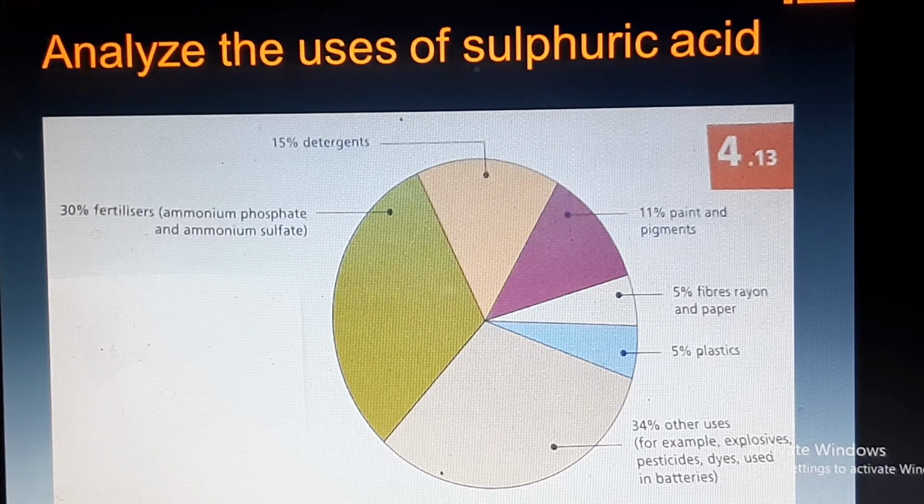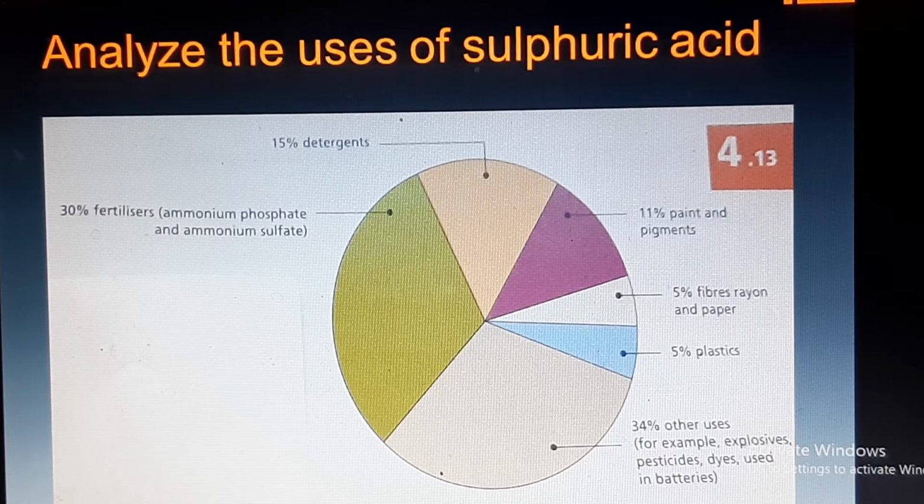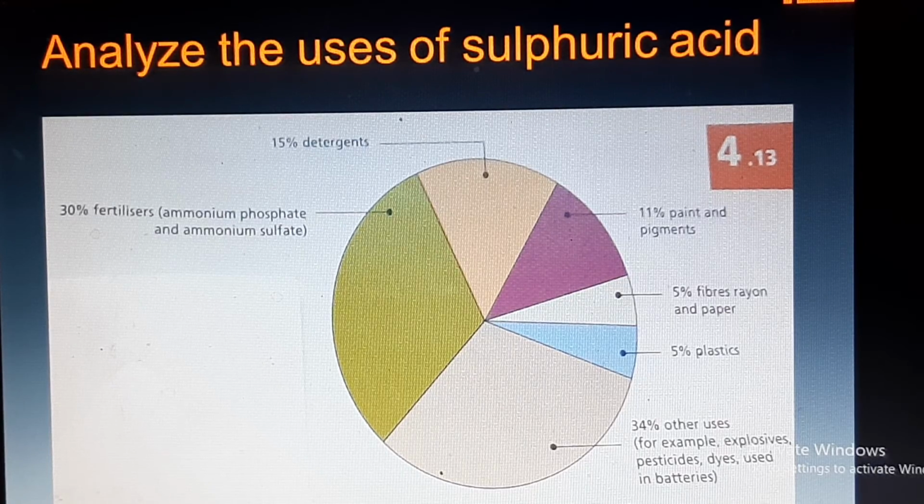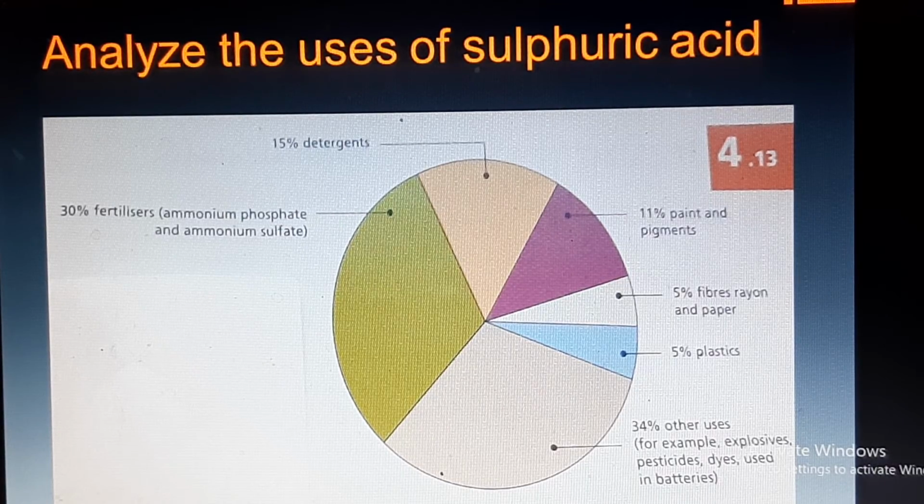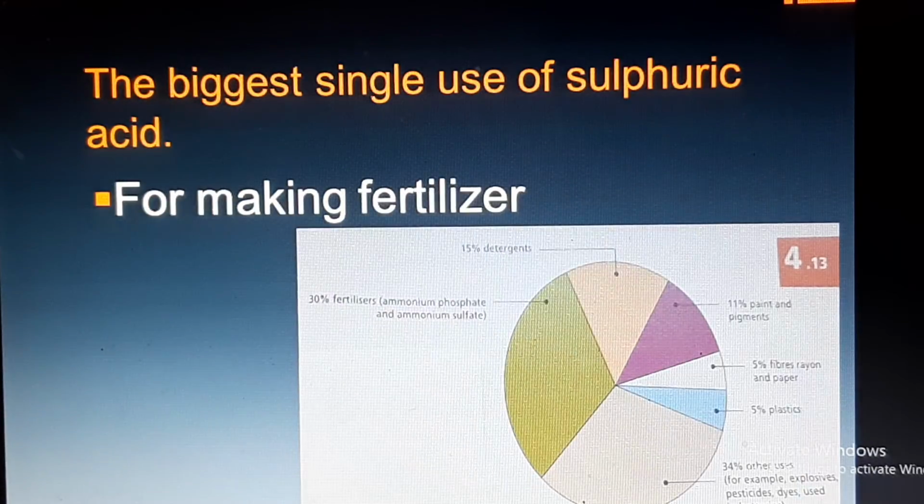One thing we have to remember here is the 15% for detergents. What is the use that sulfuric acid and alkalis have in common? It is detergent, because detergent making needs alkalis and also sulfuric acid. So 15% is used for making detergents.